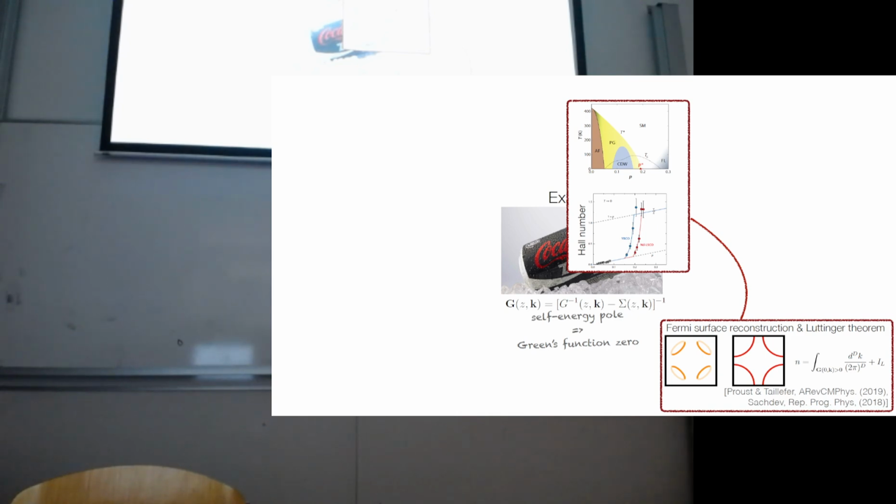So you can change this area either by poles or by zeros. What I want to say is that zeros in the Green's function, particularly zeros at zero energy, are a way to find another loophole in Luttinger's theorem. So this is one reason to study Green's function zeros.